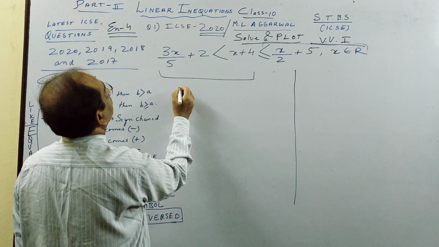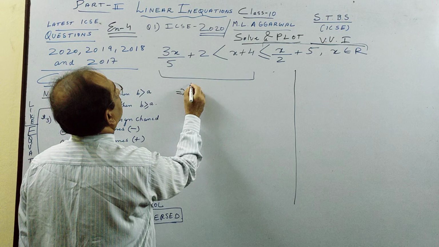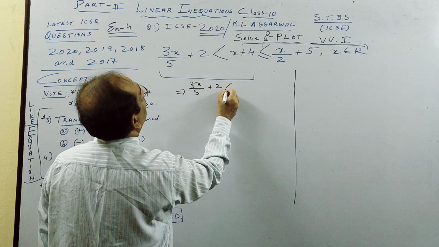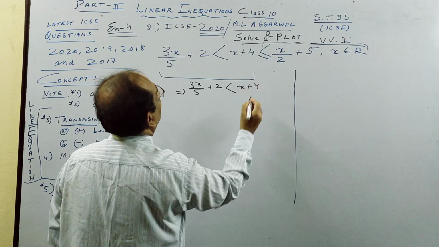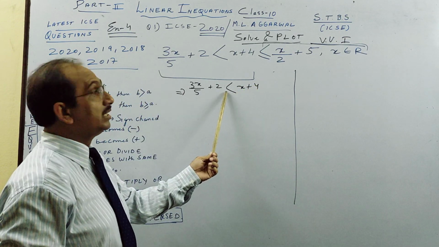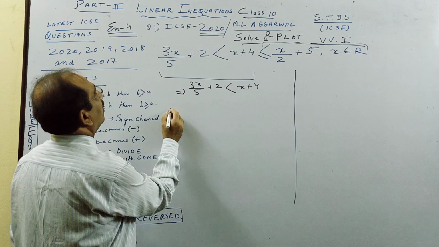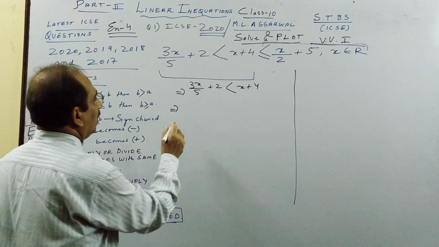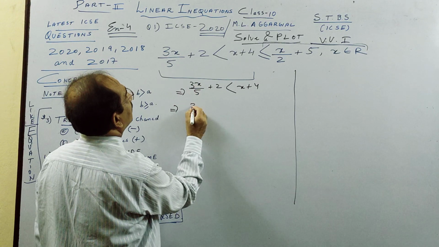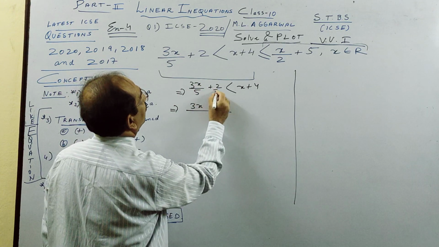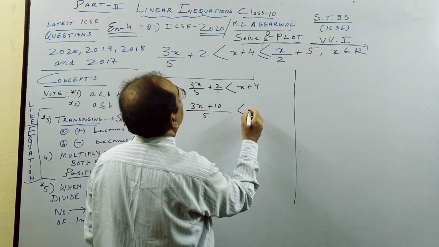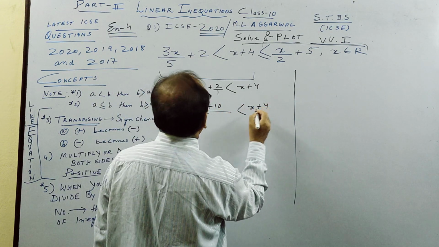See here, 1 and 2. First I'll take the first part: 3x by 5 plus 2 is less than x plus 4. Imagine here as if it is equal to, just imagine. This implies, first I'll take the LCM, which is 5: (3x plus 10) by 5 is less than x plus 4.